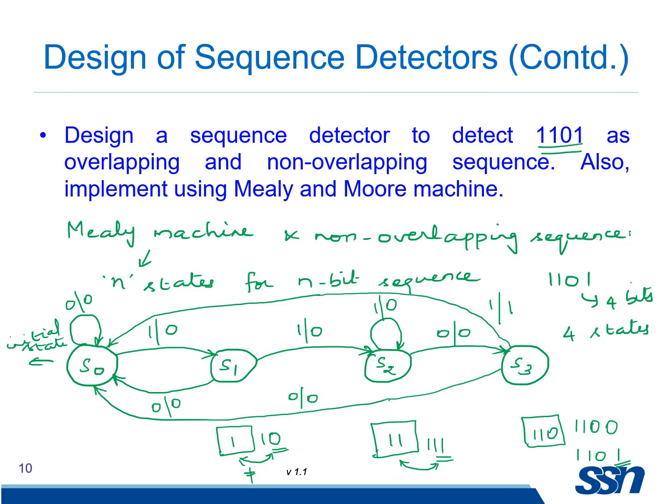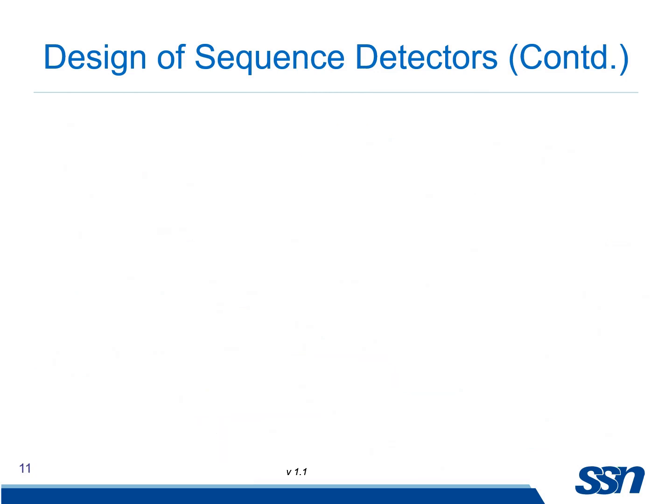Next we shall see the Mealy machine overlapping sequence. When we say overlapping sequence, here we are to detect 1101.